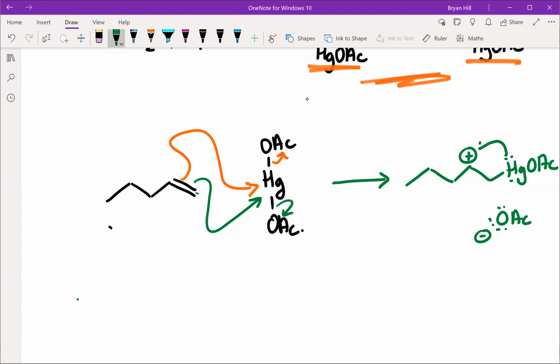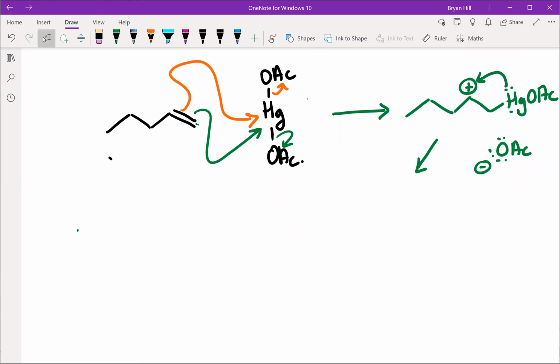So the second step is we are going to form our mercurium ion, Hg positive. Now in this question, because it's a terminal double bond, the stereochemistry isn't nearly as important because there are no substituents on the end carbon.